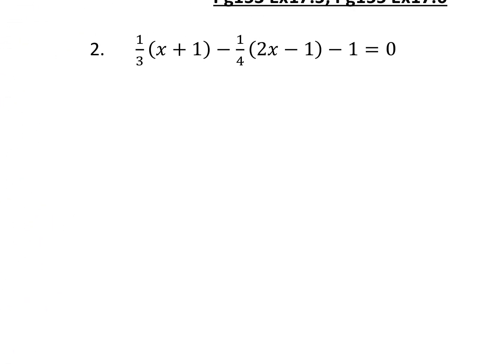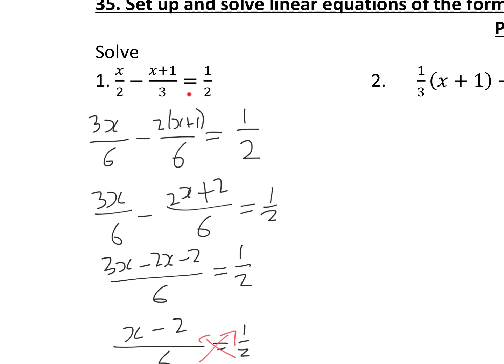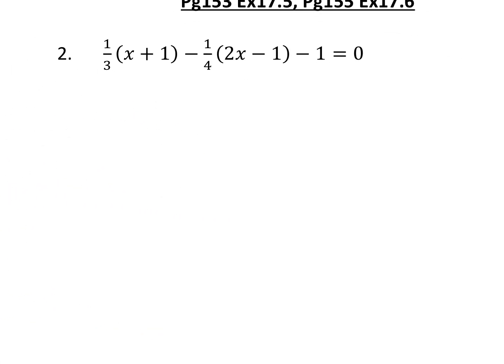Okay, number 2. A few things like this. This one might throw people because it looks very different to ones you'll get familiar like this. So what we can do is make it look like question number 1 somewhat. So let's start off, see that right-hand side?